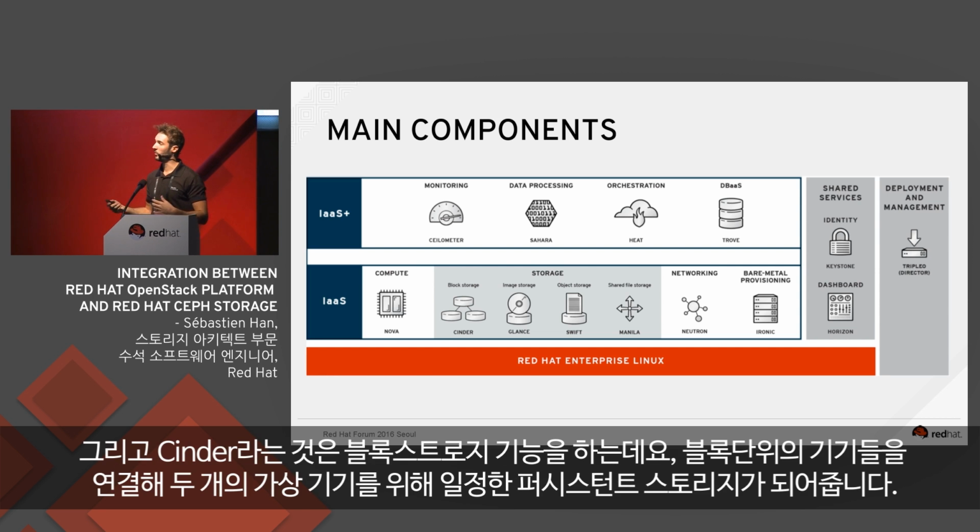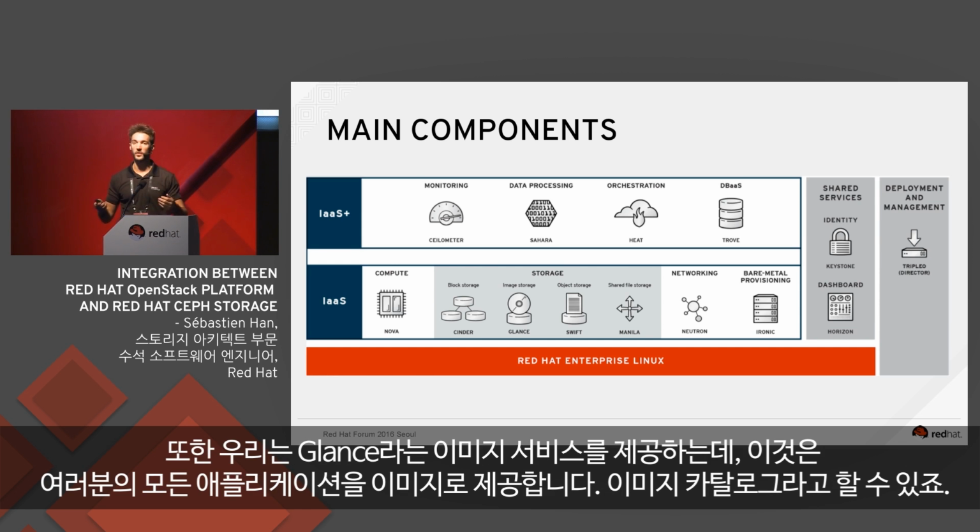Then we have the block storage functionality called Cinder. Cinder provides persistent storage to virtual machines by attaching block devices. Then we have an image service called Glance, responsible for storing all of your application templates as images.